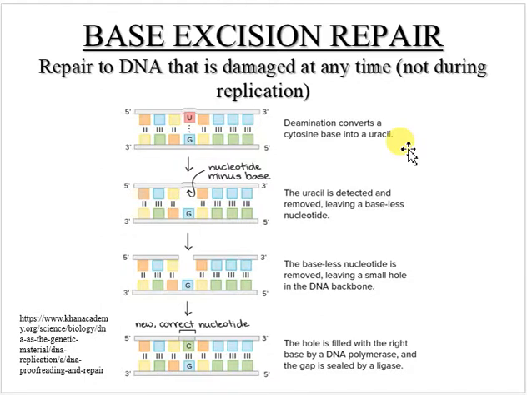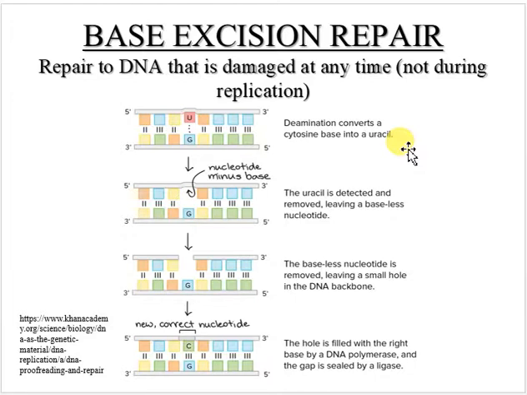Next runner-up, again, these are all repair systems that come into play for damage that occurs at any time in the system. The next one is base excision repair. This involves removing or excising one base. The chemistry in the cell, either naturally or by some sort of environmental change, causes you to remove the appropriate base and replace it with an inappropriate base.